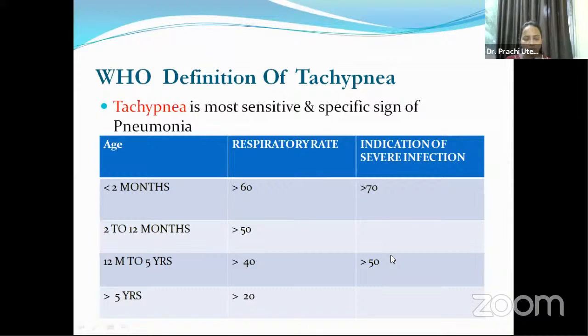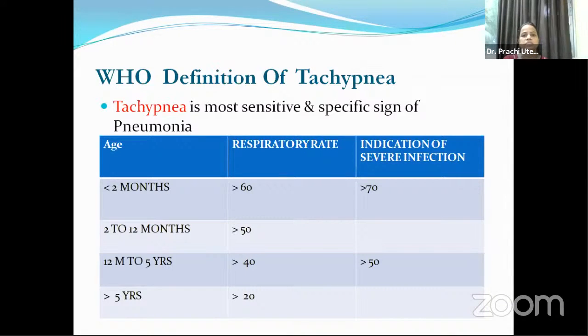This is not audible, but there are crackles. Crackles occur when air passes through fluid collected in the alveoli, and also when air goes through the bronchi, the narrow space. So these are important signs which we should look for in a child with pneumonia.